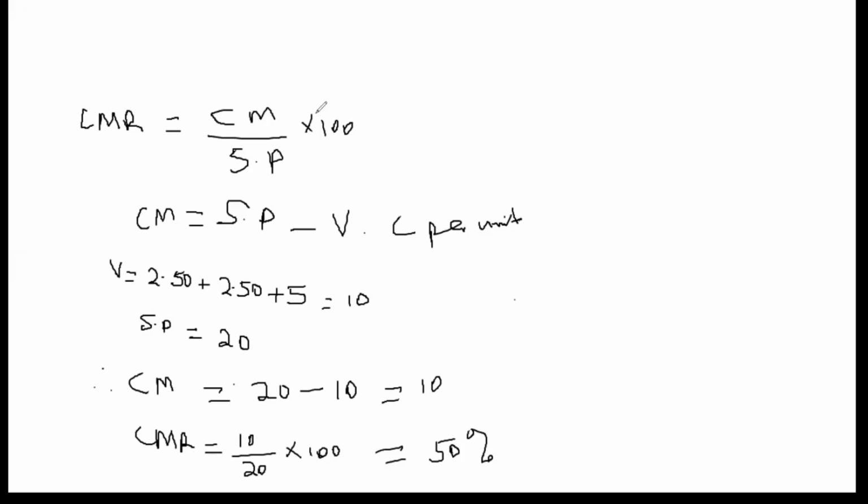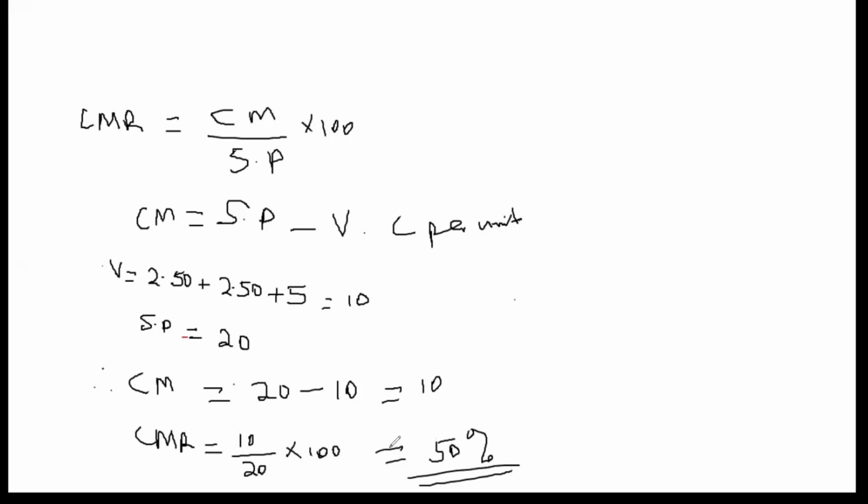Then we have the sales at break-even point. I hope this is clear. Variable cost per unit. So this is how we determine our contribution margin ratio.